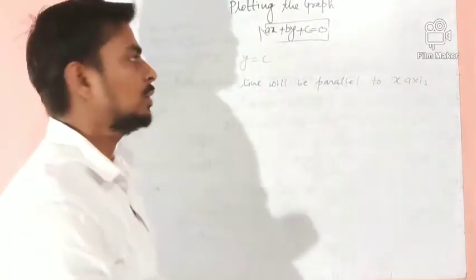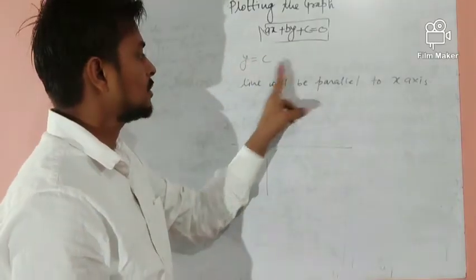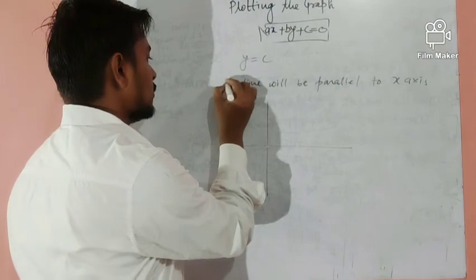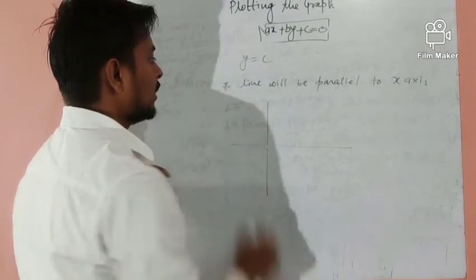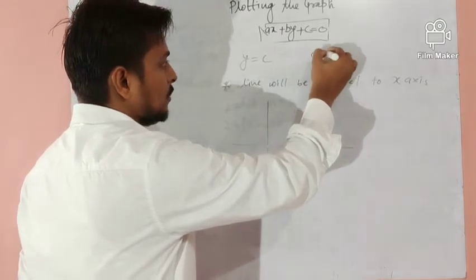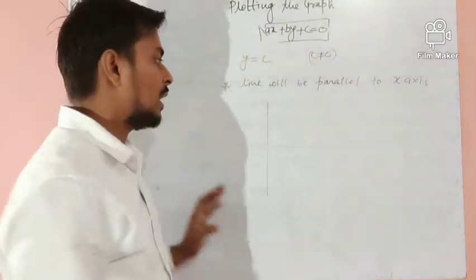Line will be parallel to x axis. So y is equal to c. The line will be parallel to x axis. The property should be learned by you that whenever y is equal to any constant is given and c is not equal to 0, then the line will be parallel to x axis.